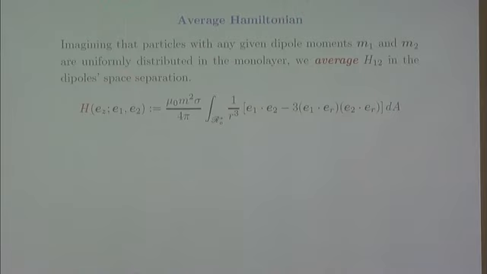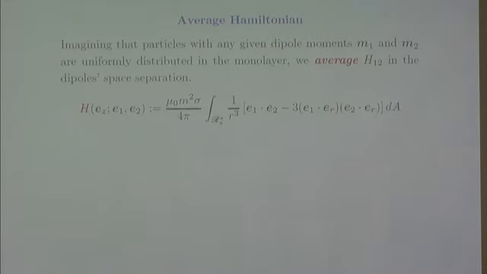All right, the idea is then to construct an average Hamiltonian, and the average Hamiltonian starts from the Hamiltonian that I have described, which is an exchange energy between the two spins. Essentially you imagine that particles are isotropically distributed around each other in the monolayer, and of course such an assumption is valid in the absence of any aggregation phenomenon.